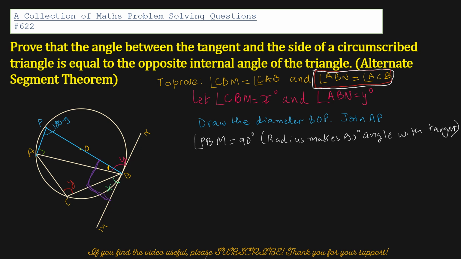So PBM would be 90 degrees. And therefore angle PBC, which is this angle, would be 90 minus x, because this whole thing is 90 and this bit is x.